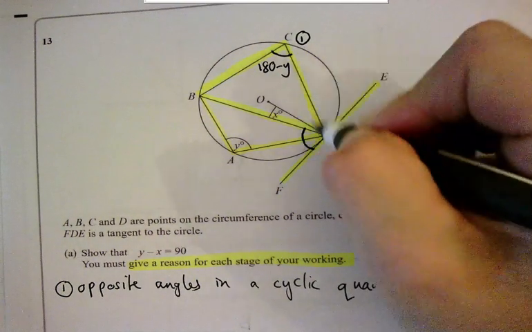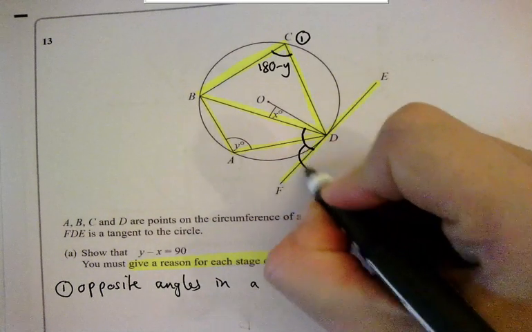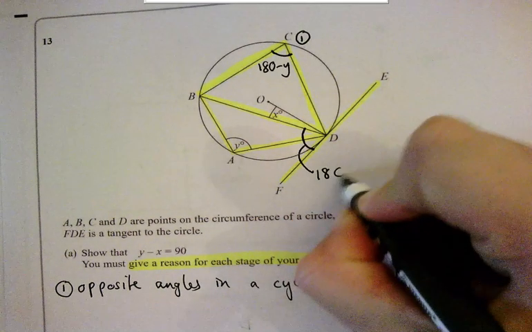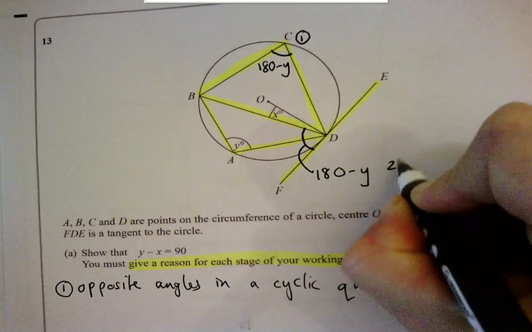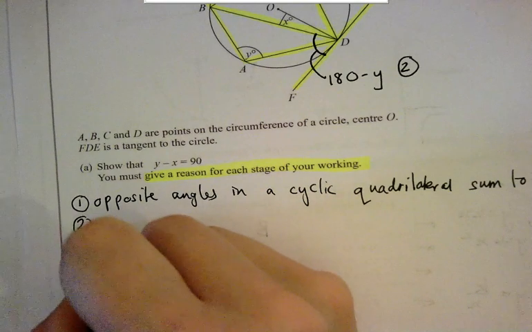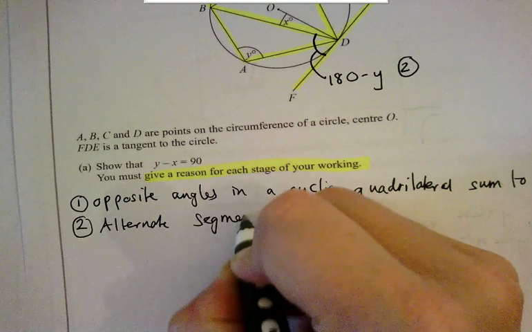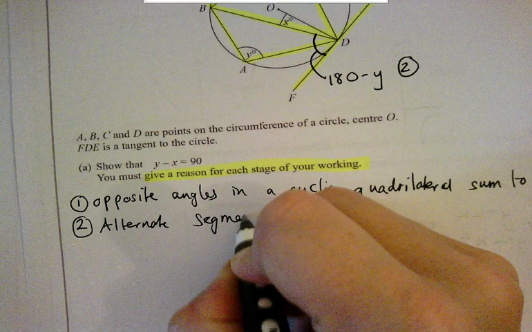These two angles are the same. So this angle must be 180 minus y. I'm going to put my reason, which is just alternate segment theorem.